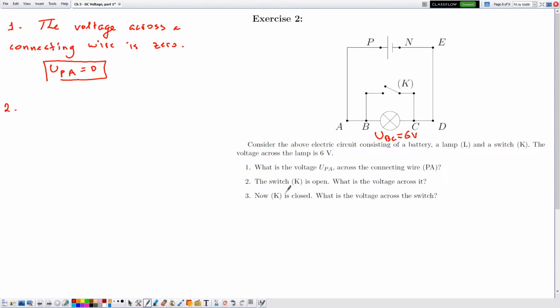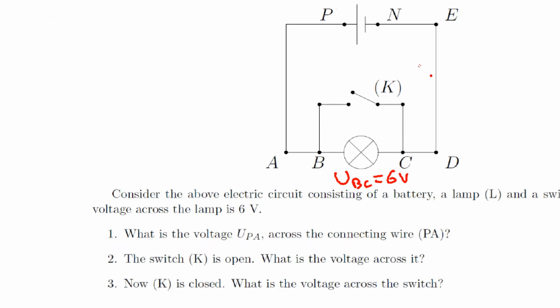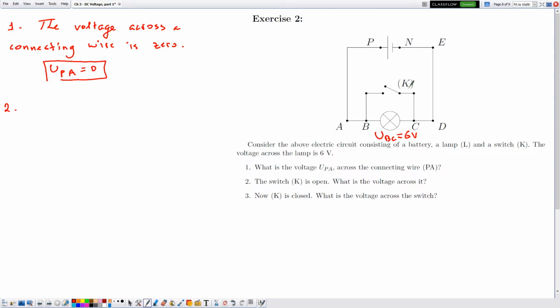Now they are telling me the switch key is open. What's the voltage across it? We know that an open switch has the same voltage as its terminals. Connected to its terminals, we have the lamp. The lamp has a voltage of 6 volts. Then the open switch has the same voltage as the lamp, which is 6 volts.